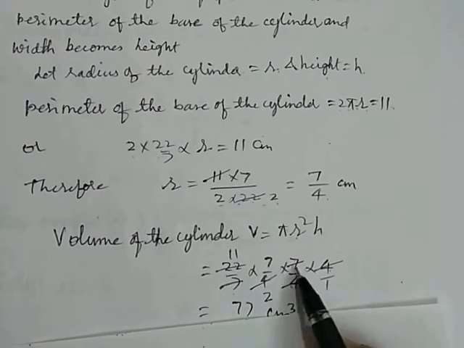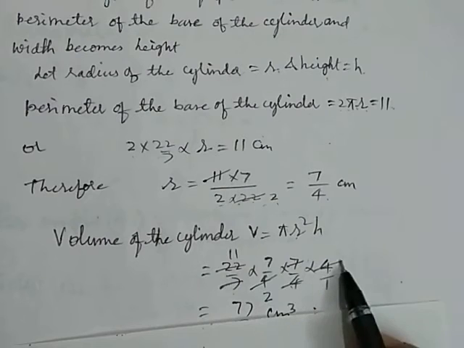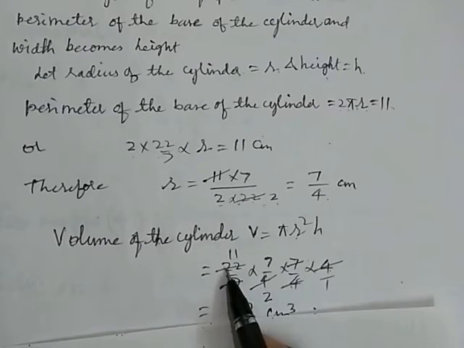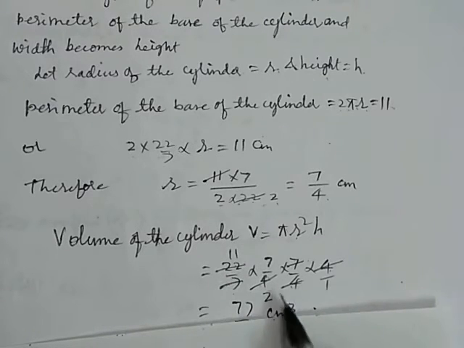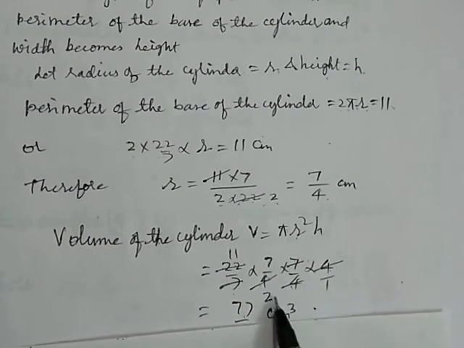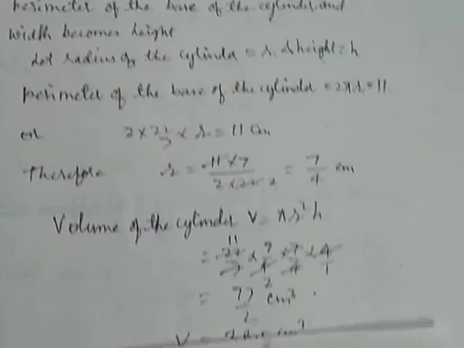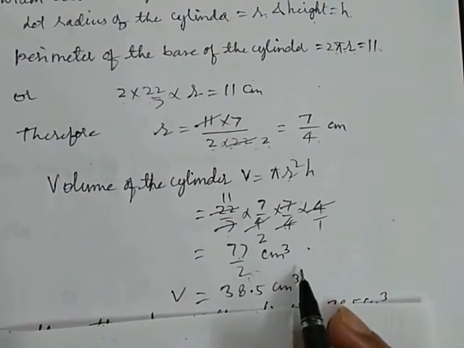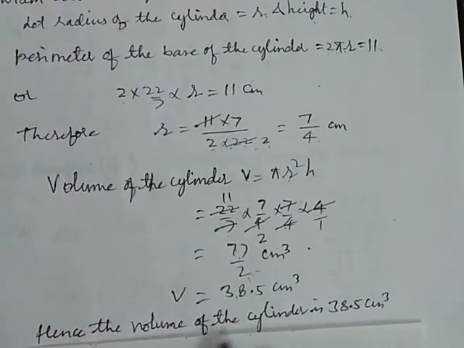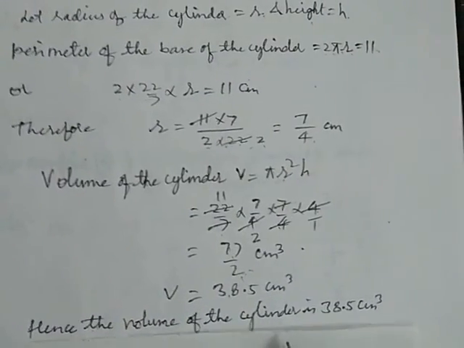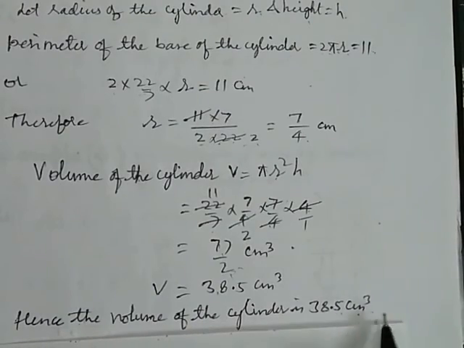Here this 7 cancels with this 7, this 4 is cancelled by this 4. And this 22 is divided by 2 giving 11, and this 4 is divided by 2 giving 2. So 11 into 7 is 77, and this 2 here. So 77 by 2 centimeter cube is the value of volume. By dividing this we get 38.5. Hence the volume of the cylinder is 38.5 centimeter cube.